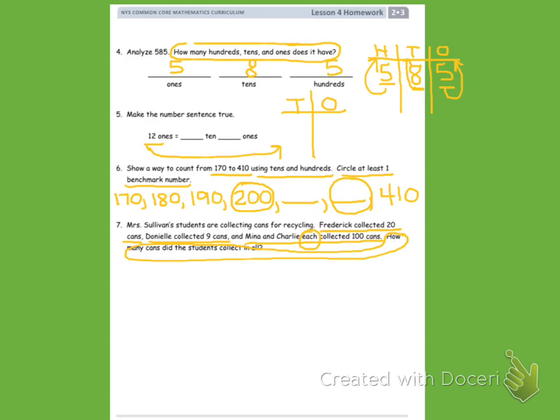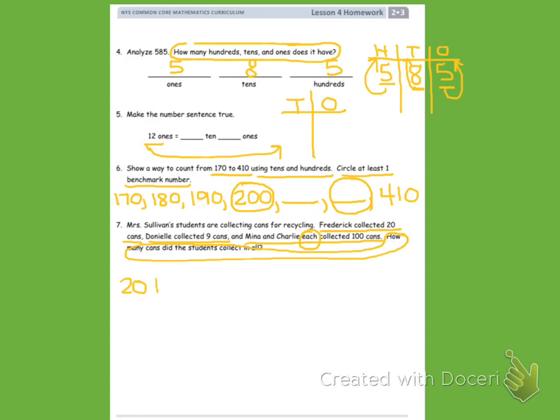So now what do I have to do? Well, if I'm looking for how many they collected in all, that means if I take the cans that each person collected and I pile them in a big pile, how many are there in all together? If I'm doing that, each person is adding their cans to the pile. Therefore, I will use addition. First, I'll put down 20 for the number that Frederick collected.